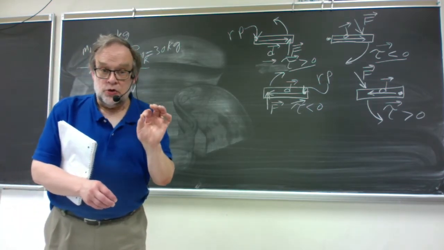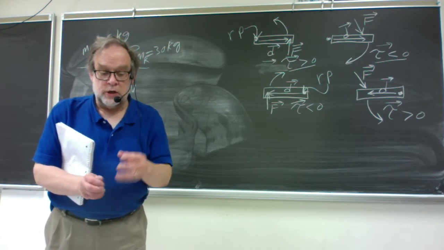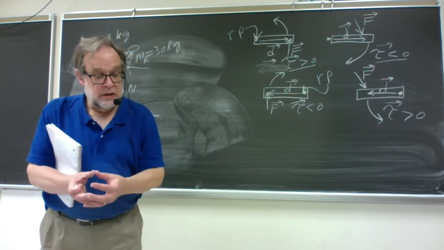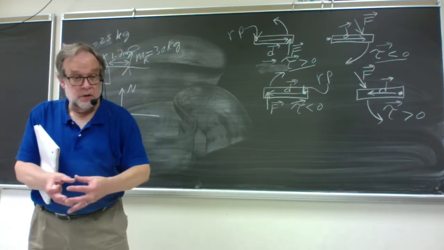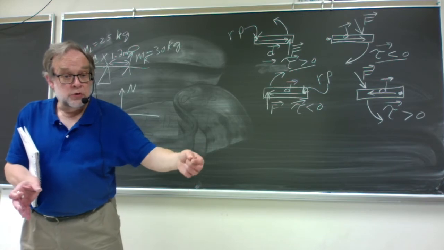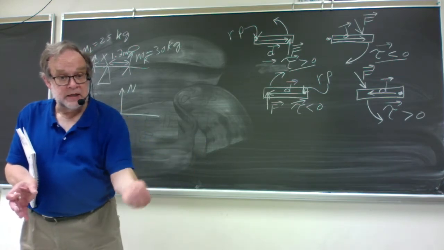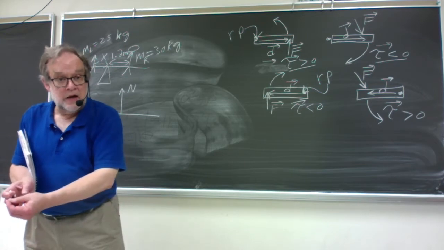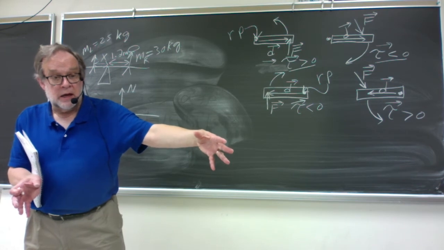And you read previously about situations where you have an extended object. There's mass extended over a whole volume, which means there's a little gravitational force, a little weight force acting on every point in that extended object.